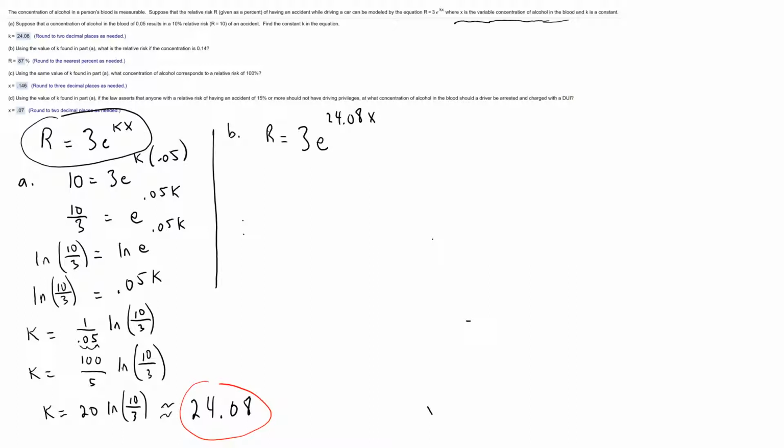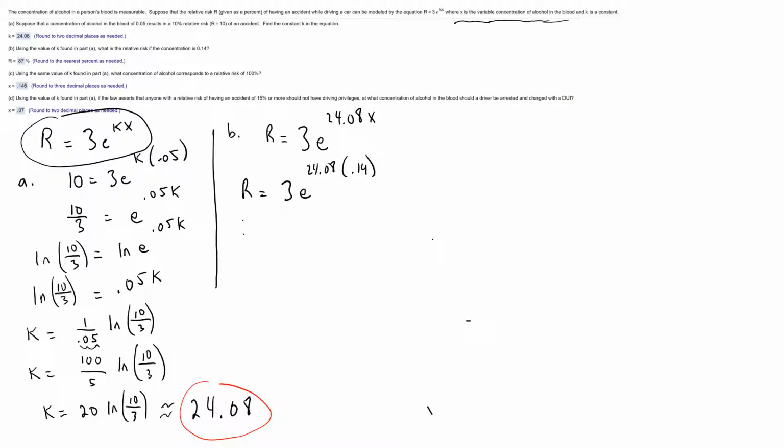Now we can figure out the risk of being in an accident for any alcohol level. They want me to figure out the risk of being in an accident if x equals 0.14. So we're going to plug that in. R equals 3e to the 24.08 times 0.14.